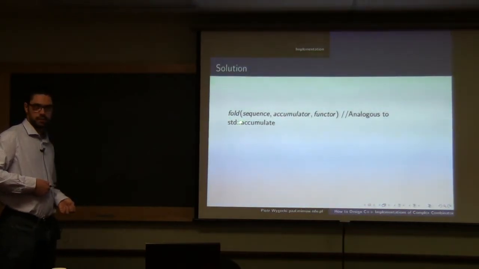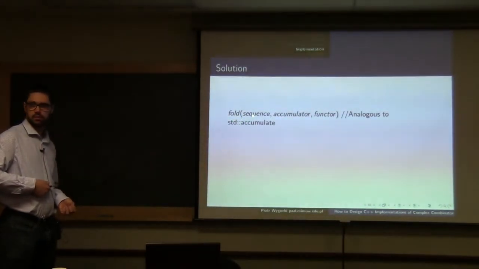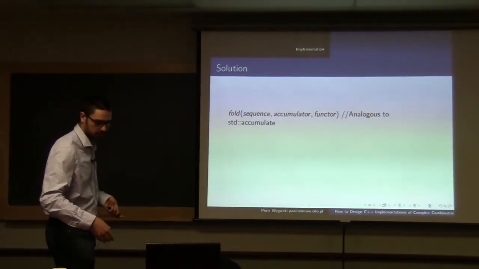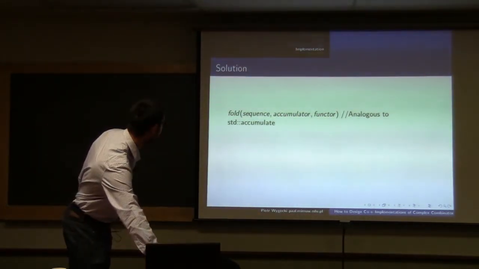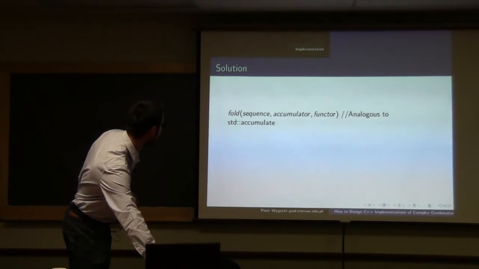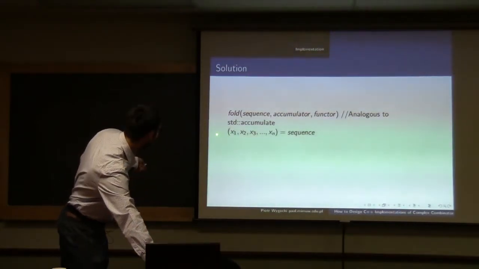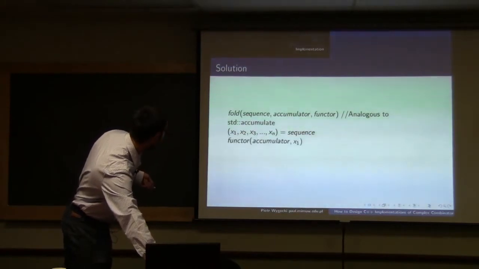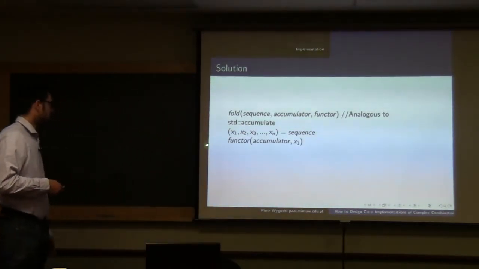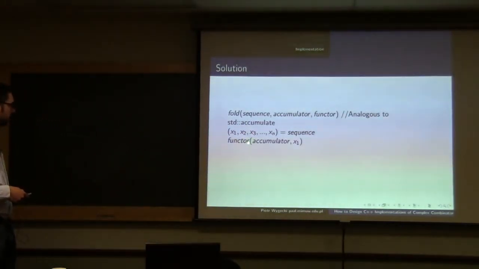Who heard about fold before? Okay, still there are a couple of people. I'm going to explain what happens here. If this is our sequence, in order to compute fold, you just run our functor on the accumulator and the first element of the sequence, and this gives us the new accumulator.